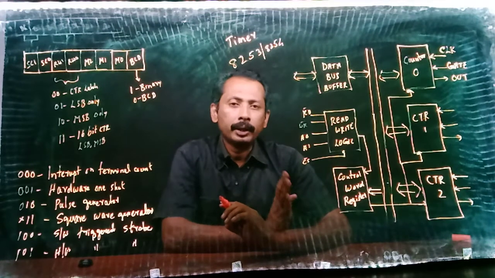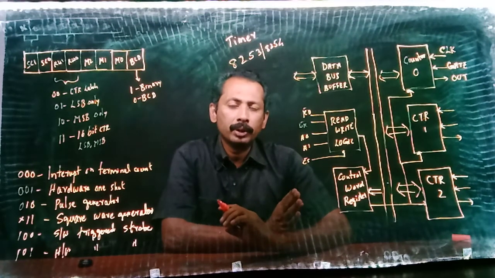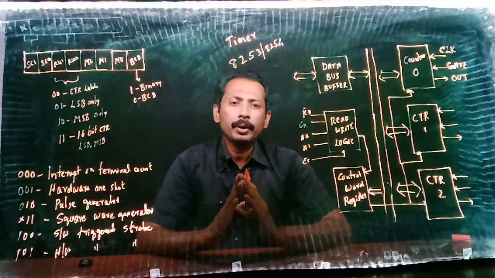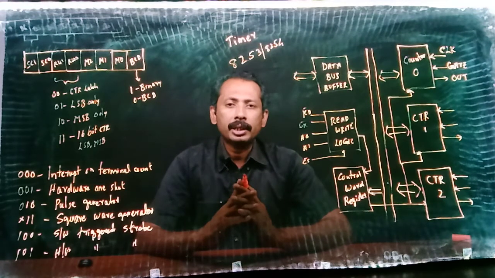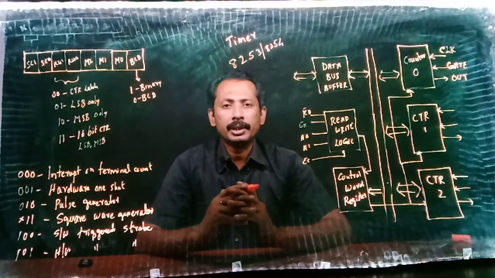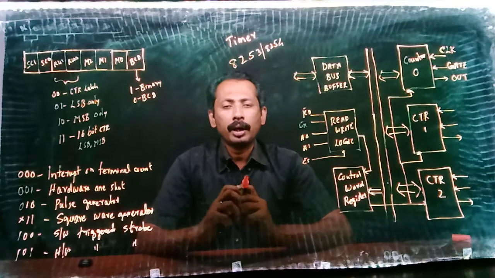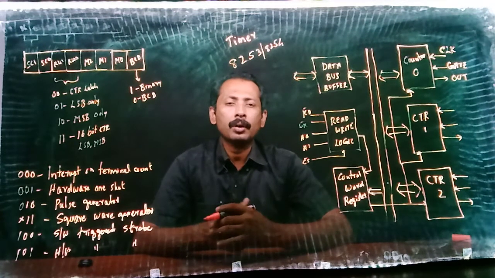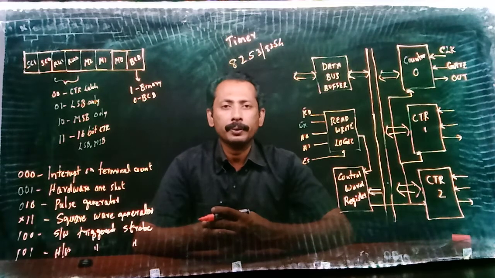As you know, time is measured in a computer using clock pulses. So we will be setting a counter, and during each clock pulse, the counter will get decremented.